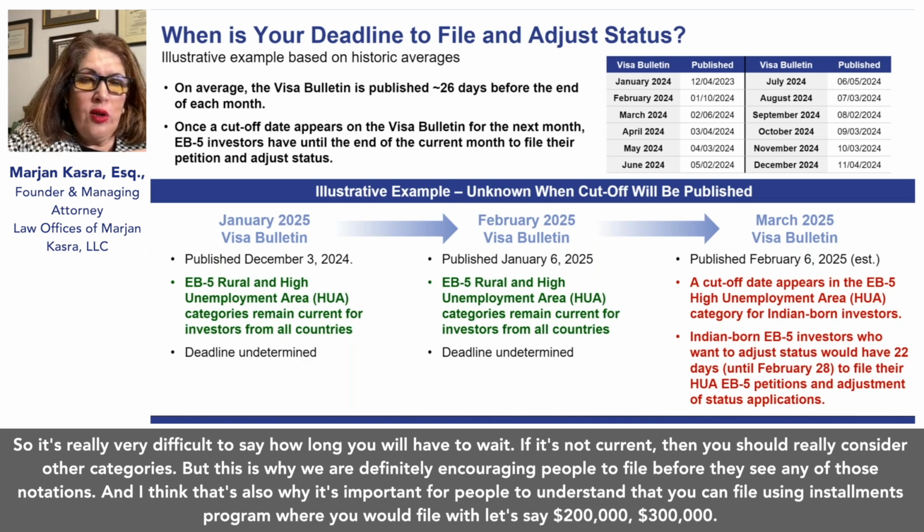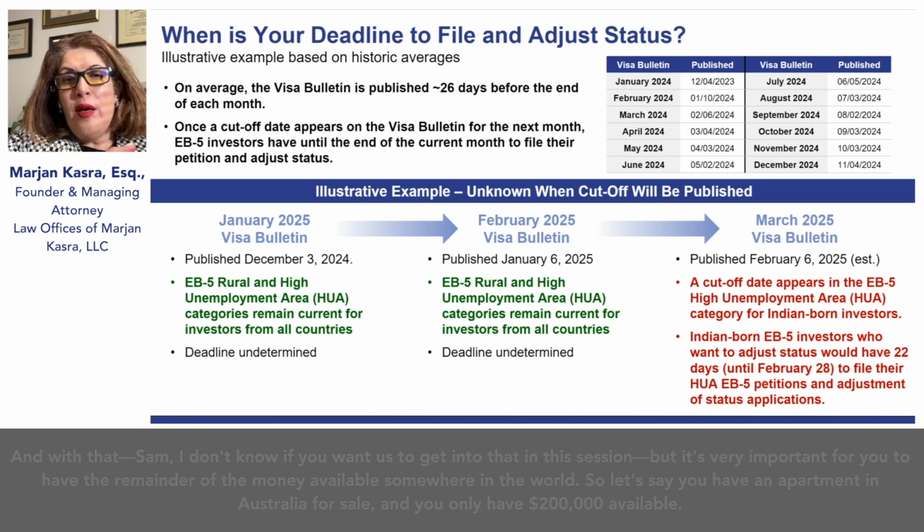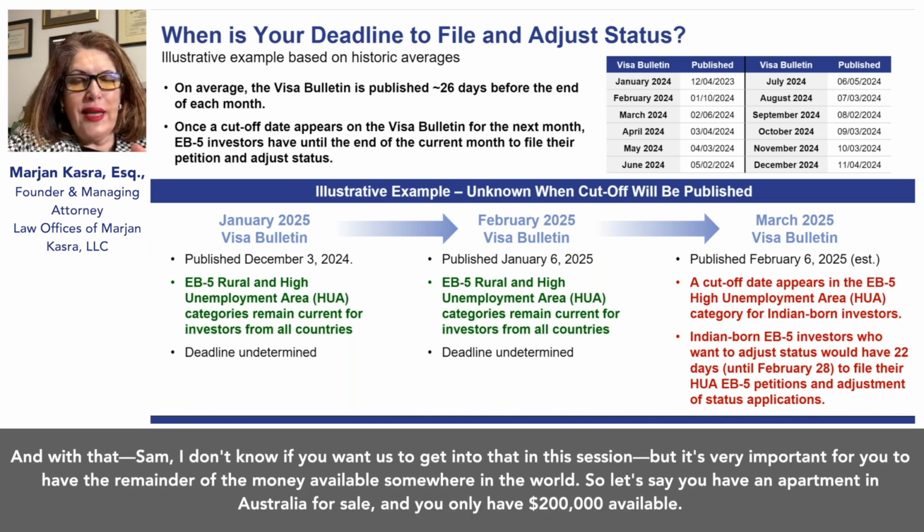And I think that's also why it's important for people to understand that you can file using an installment program, where you would file with, let's say, $200,000 or $300,000. With that, Sam, I don't know if you want us to get into that in this session, but it's very important to have the remainder of the money available somewhere in the world.